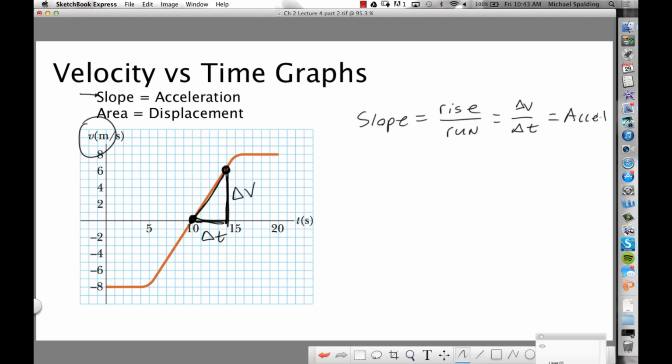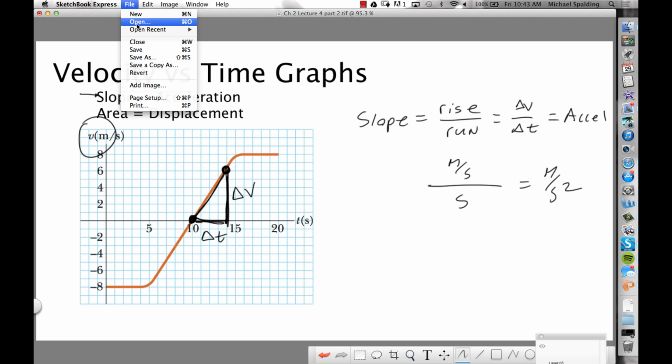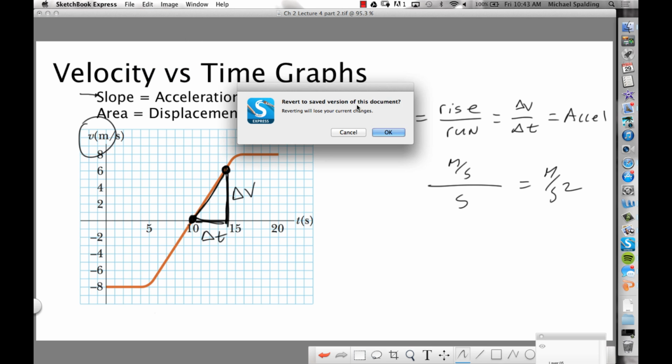Okay, so the slope tells us acceleration. Or like I said before, you could just get in the habit of analyzing the units. If you just look at the units, the rise is measured in meters per second. The run is measured in seconds. That gives us meter per second squared, which is acceleration. Okay? Okay, the other thing you have to know is what the area under the graph tells us.